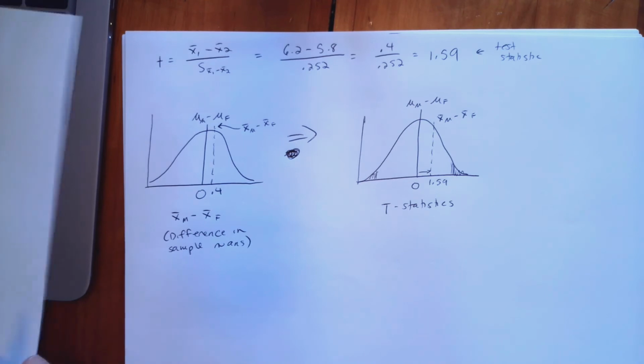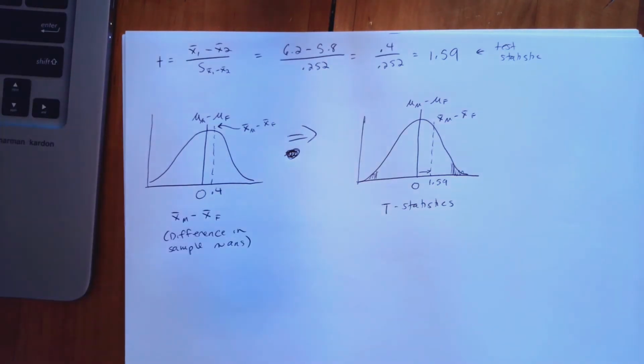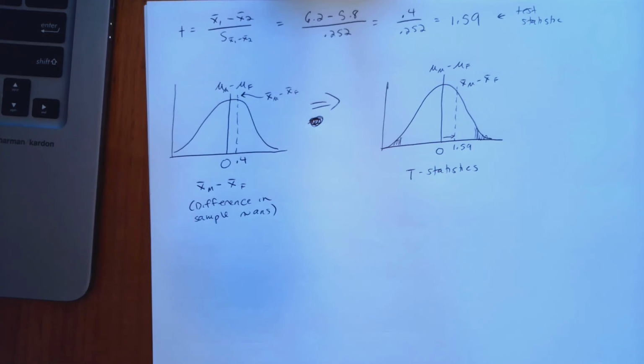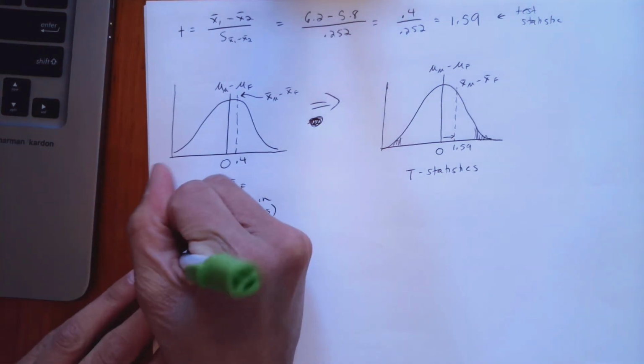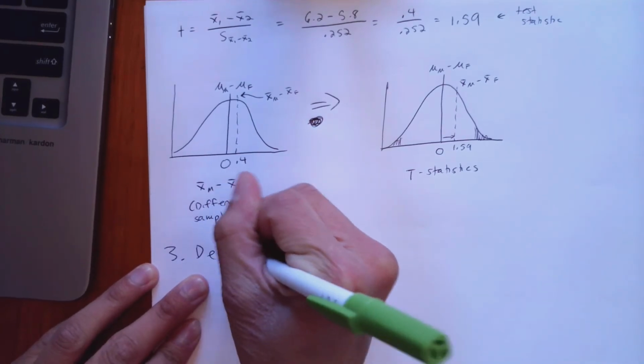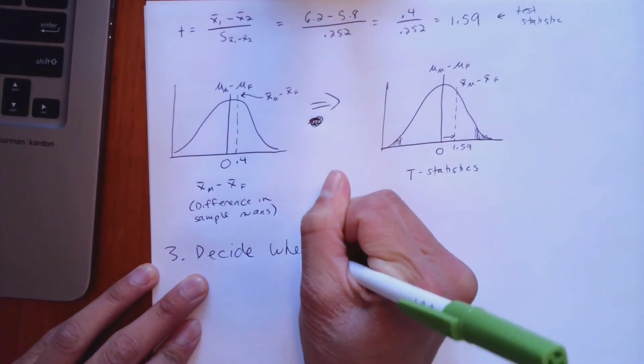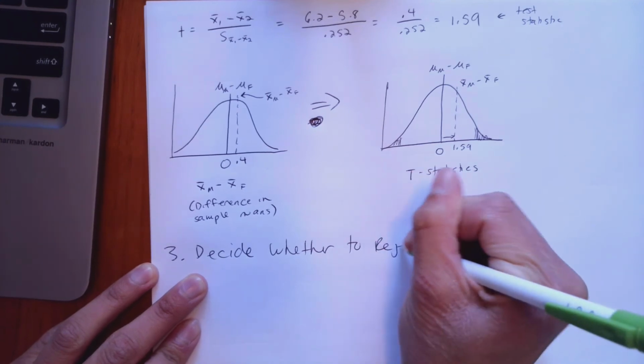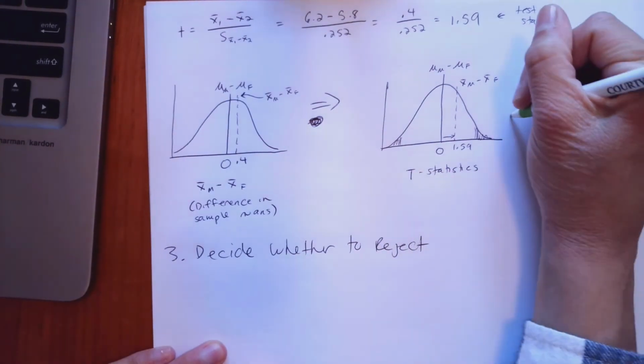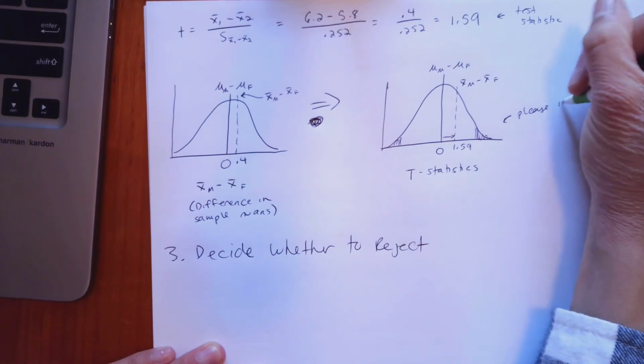But we can't. All right, so our next step then is going to be to use the p-value that we get from this sampling distribution to decide whether to reject the null hypothesis. And I'll just say, please ignore the shading for now.